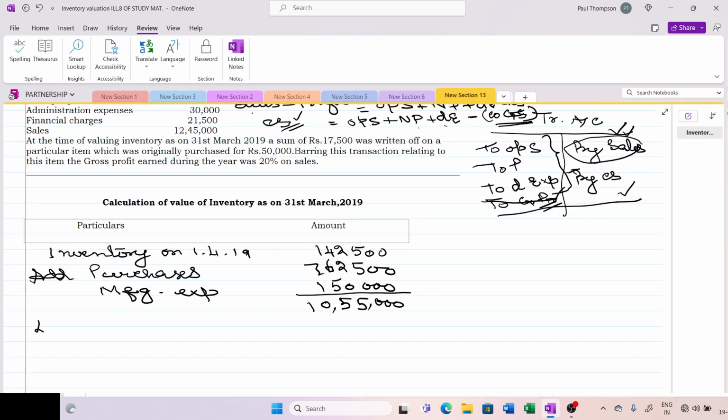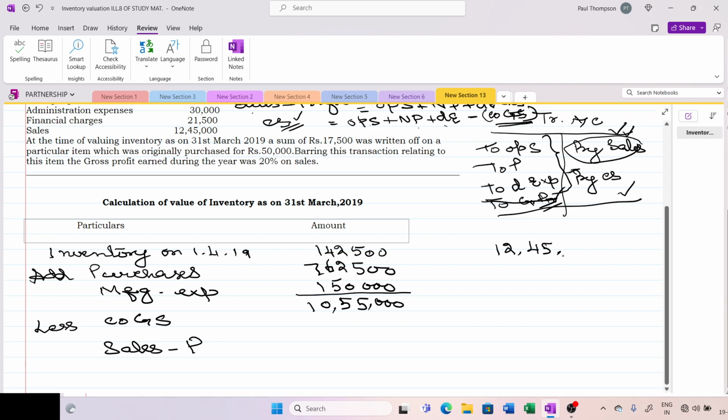So less cost of goods sold. Cost of goods sold is nothing but sales minus profit. Only the thing is that sales they have given 12 lakh 45,000. You have to make a working note for that. To understand, I am writing here.